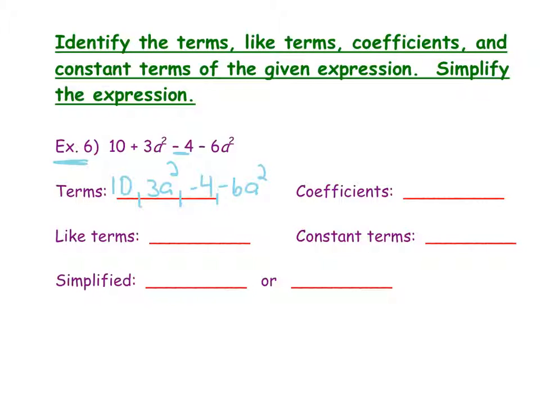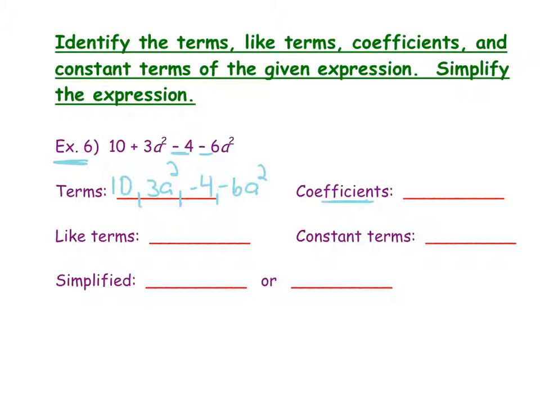So when you identify the terms, you use the sign in front of it to say whether it's positive or negative. If you have questions about that, make sure you note that so that you can ask me in class. All right, the coefficients, remember, are the numbers that are with the variables.